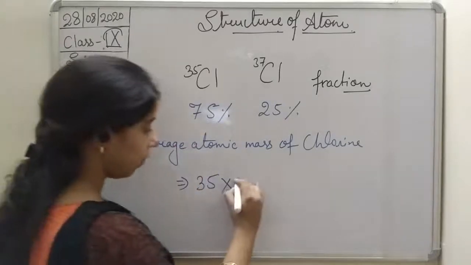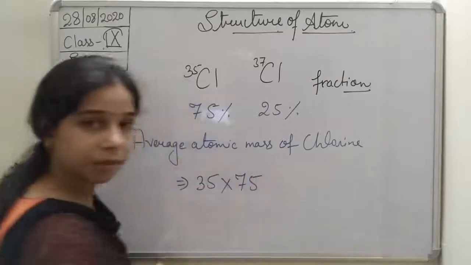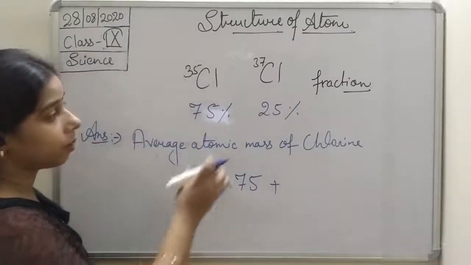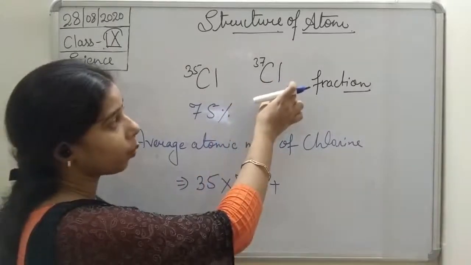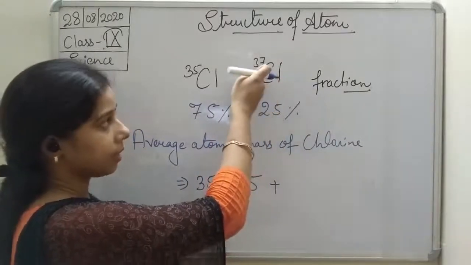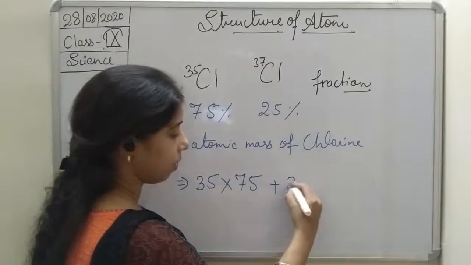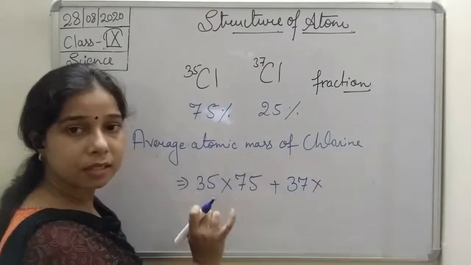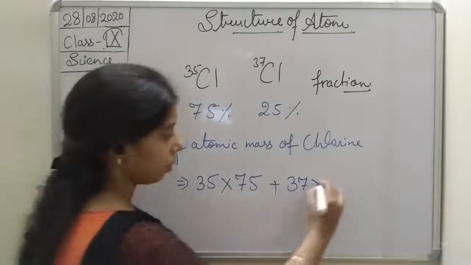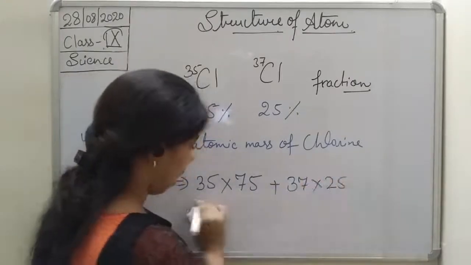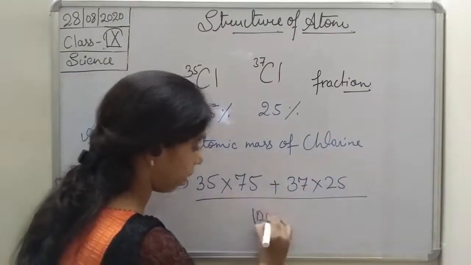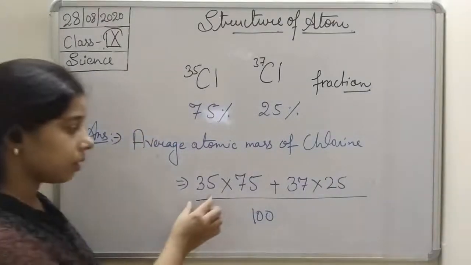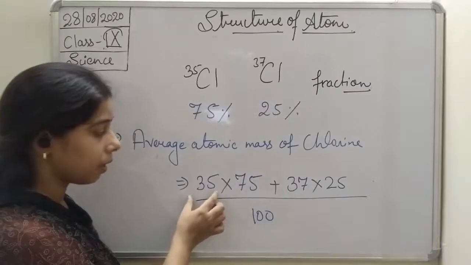So 35 into 75 plus, what is the mass number of the second chlorine isotope present in nature? That is 37. And what is the percentage of chlorine 37 present in nature? That is 25, upon 100.